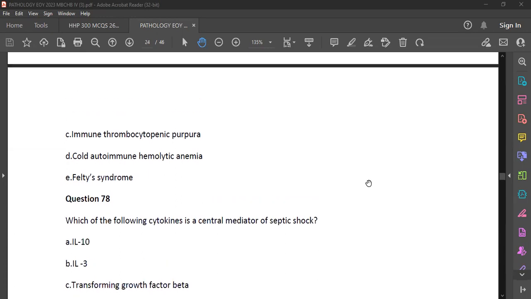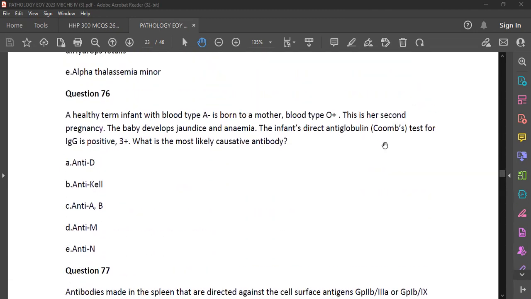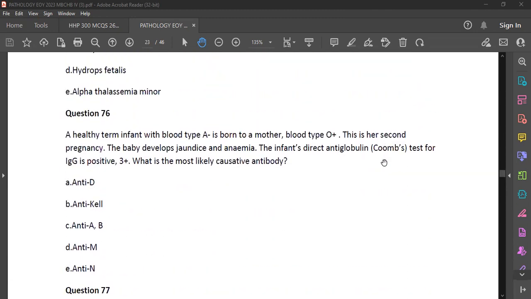Okay, someone says we repeat the previous question. Is it? I think it's the one for the mother. Okay, for those people who weren't here, we said that the child is going to be A positive, yeah? And we say that a general rule that we put was if you have an antigen, you're not going to have the antibody. But if you miss the antigen, you're going to have the antibody.